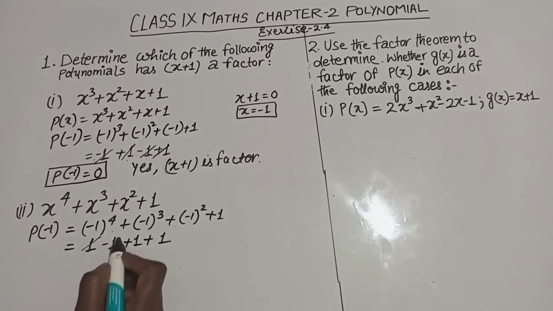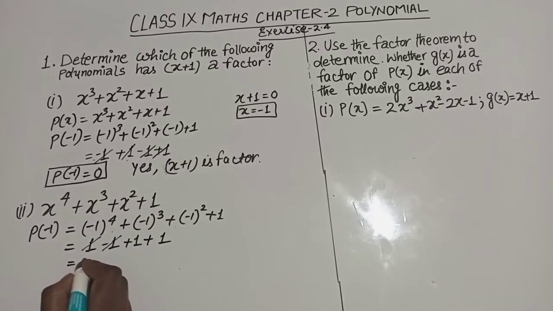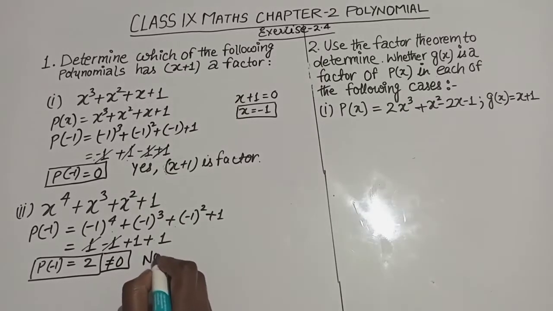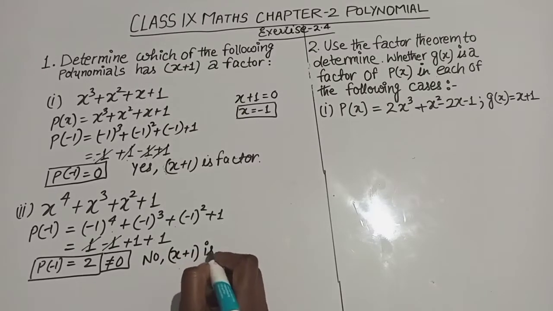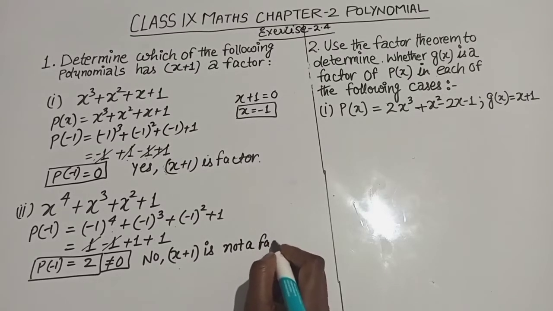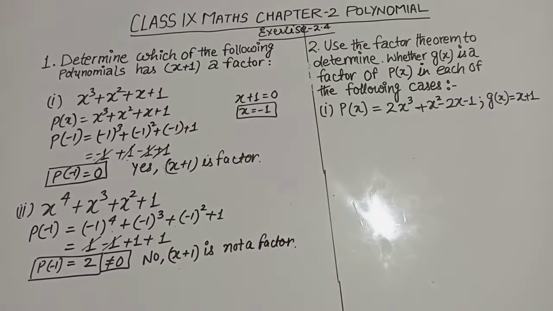Minus and plus cancel out, what we got is 2. So p(minus 1) is 2, which is not equal to 0. So no, x plus 1 is not a factor of the given polynomial.